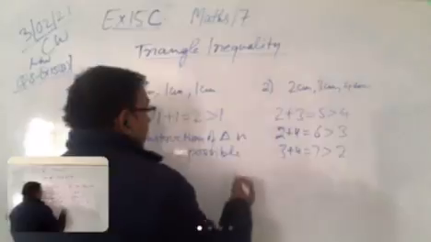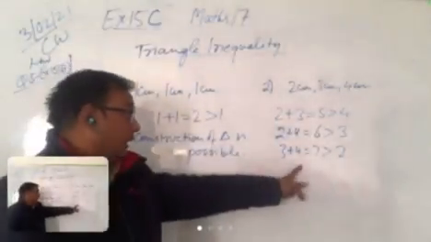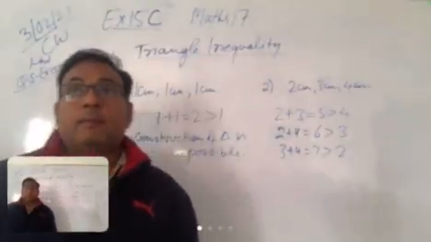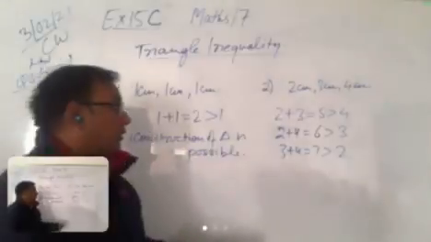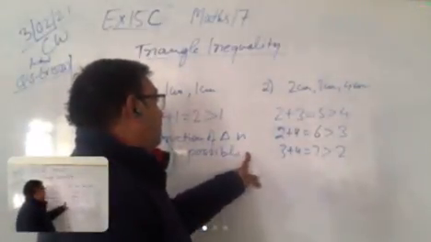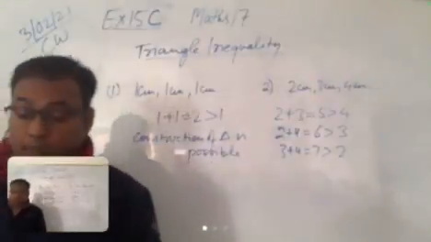Now, is the construction of triangle possible or not? Why is it possible? What is the reason for this?